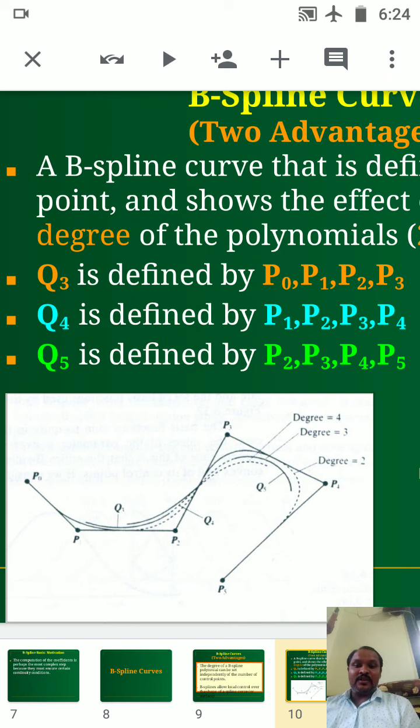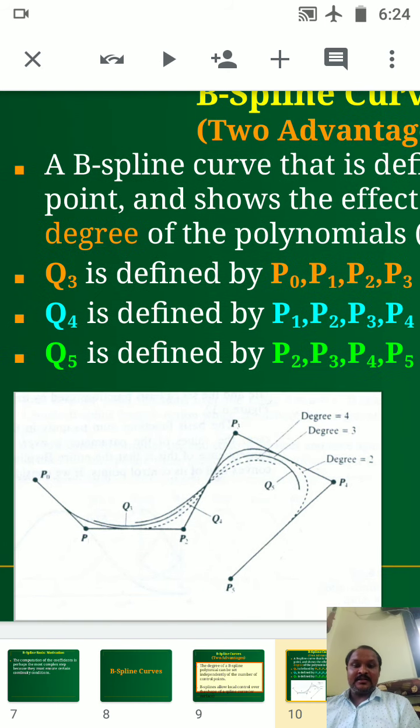So if you are going for Q4, the same continuity in the curve will be defined by P1, P2, P3 and P4. Here we are eliminating P0. Why? Because this is somewhat further along than the P1 part. This is starting a little bit beyond the P0 point.